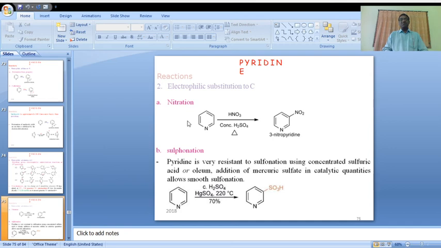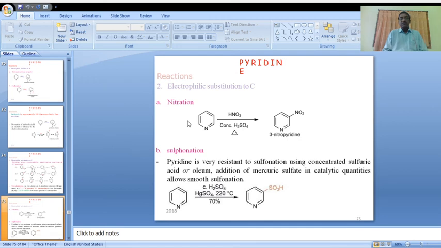3-nitropyridine. 3-nitropyridine is the major product. In this reaction, we are not getting any other type of product. What is the reason? Just now we discussed, the electrophile attacks the C3 position. It gives more stable resonance structures.